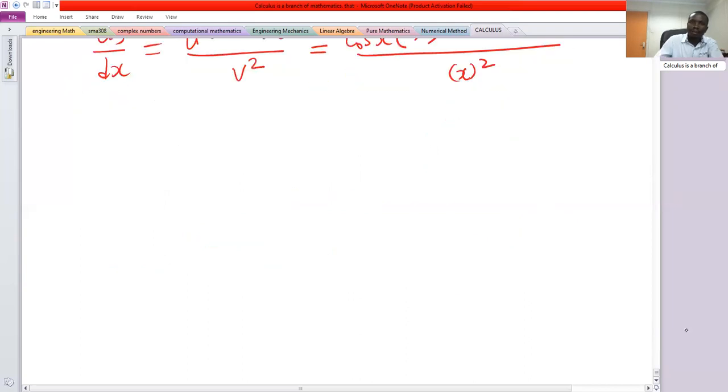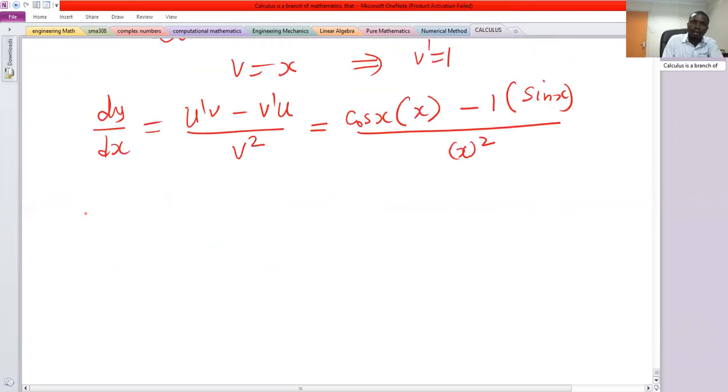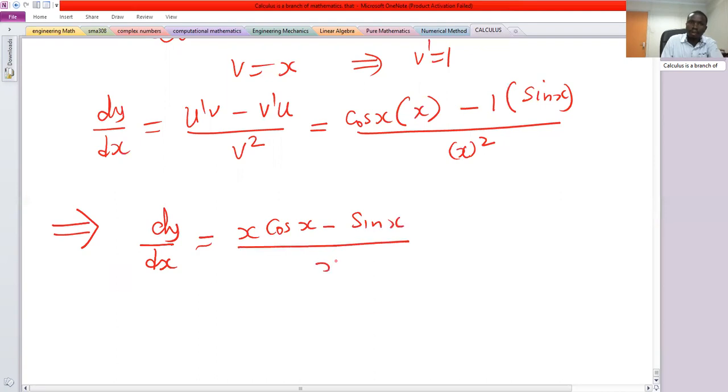On simplifying, this implies dy dx will be x cos x minus sine x, and then you divide by x squared.